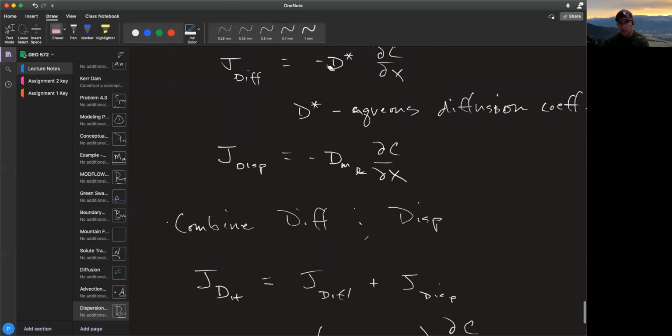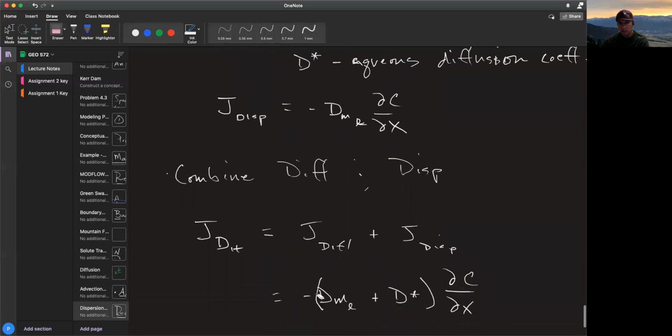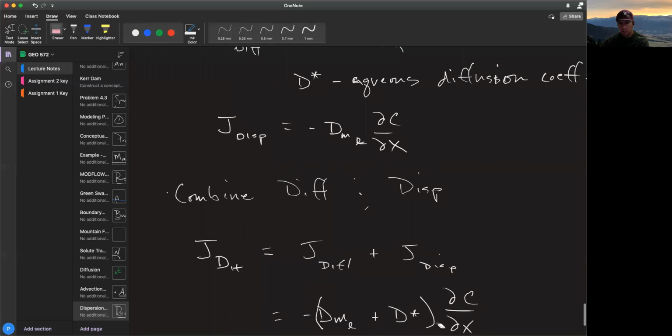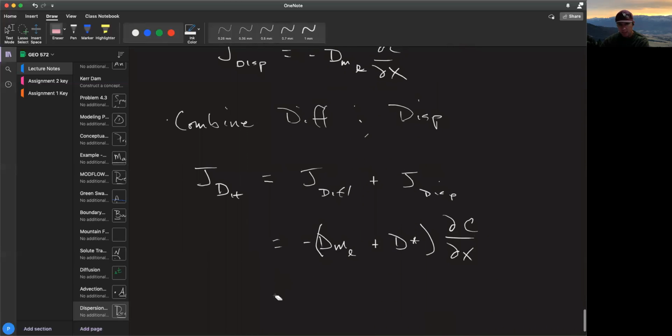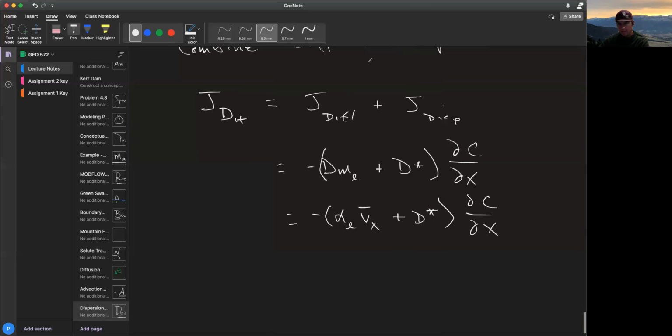I've just put these two in here and did a bit of algebra. And I'm going to take it one more step: negative (alpha_L V_x plus D star) times dC/dx. And this is from our definition of dispersivity.